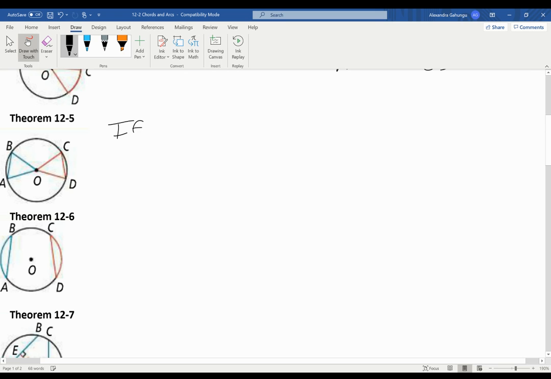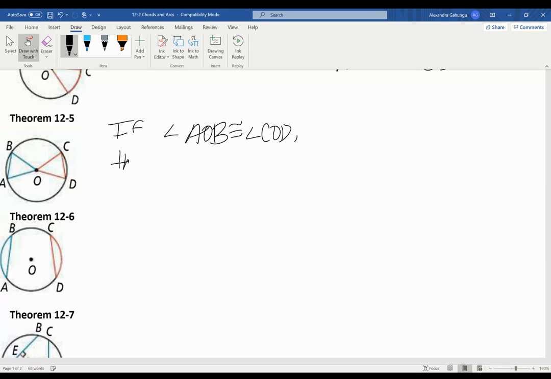If we know that our central angles AOB is congruent to angle COD, other central angle, then we know that the chords, those segments that have their endpoints on the circle, chord AB is congruent to chord CD because they kind of cut off that same little area.